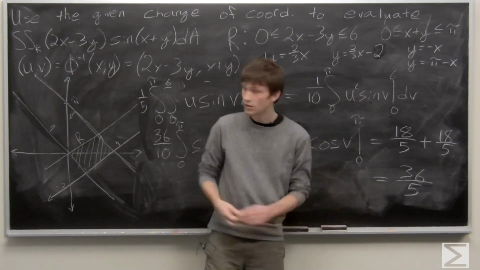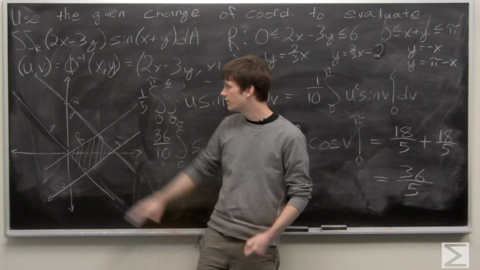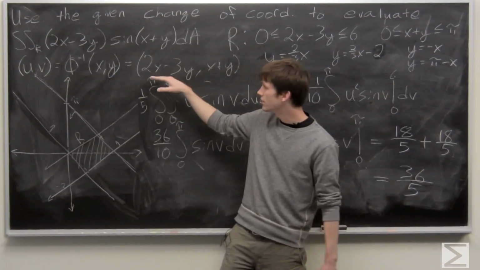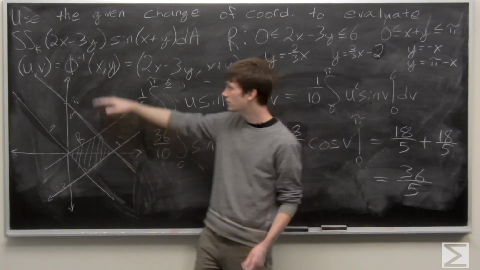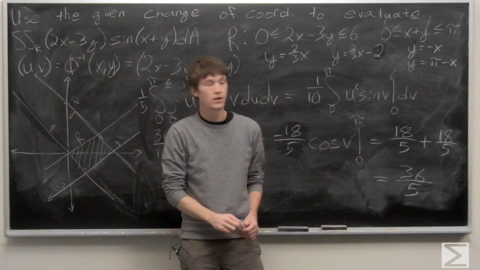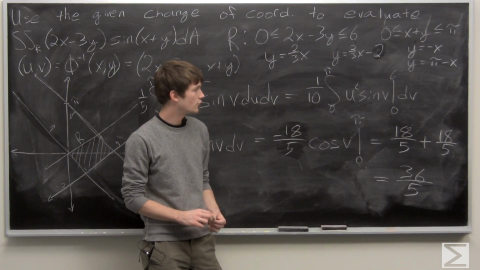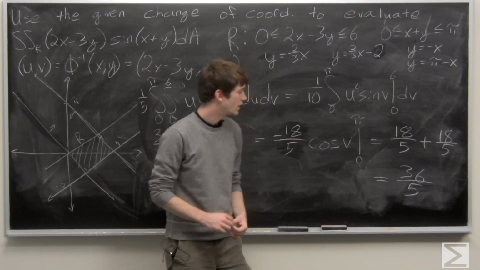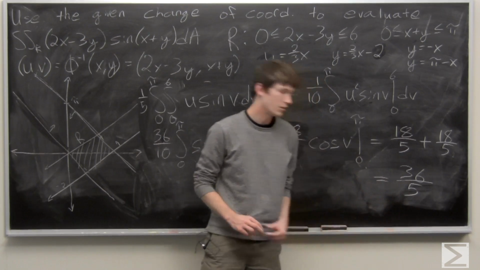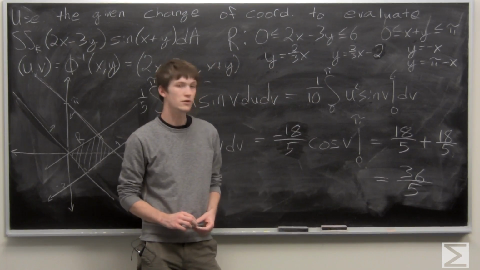So we were given u and v to substitute and use as a change of coordinates to evaluate our integral. We did so. We made sure first that u and v was a smooth change of coordinates, and then we determined that our integral evaluates to 36 over 5.